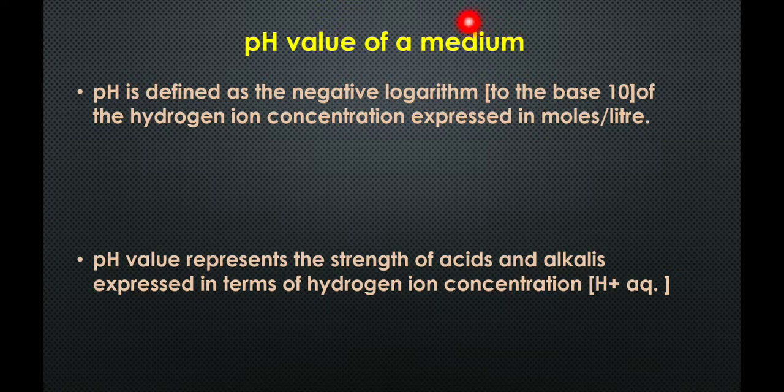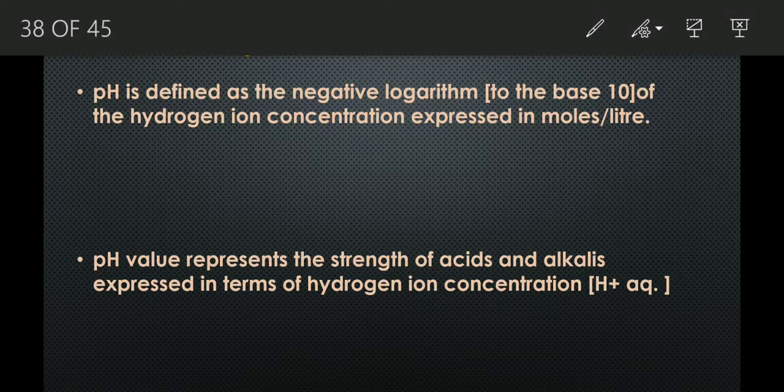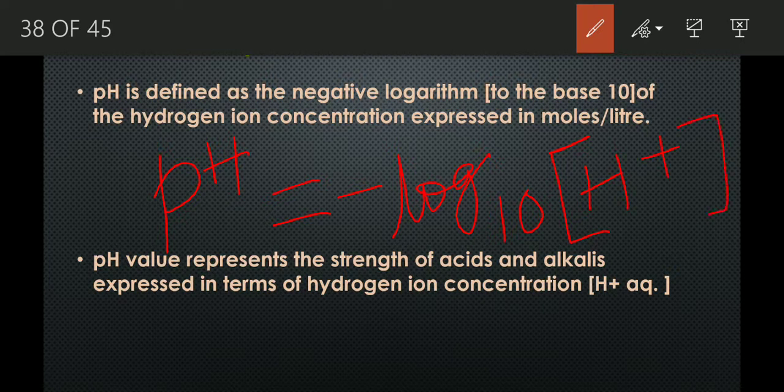Now we will learn what pH is. pH is the negative logarithm to the base 10 of the hydrogen ion concentration, expressed in moles per liter. In simpler words, pH equals minus log base 10 of the hydrogen ion concentration.